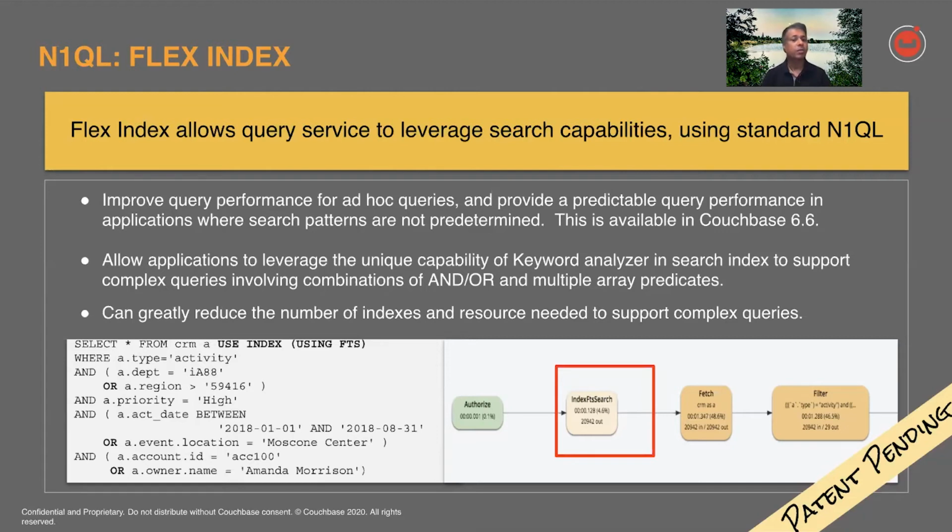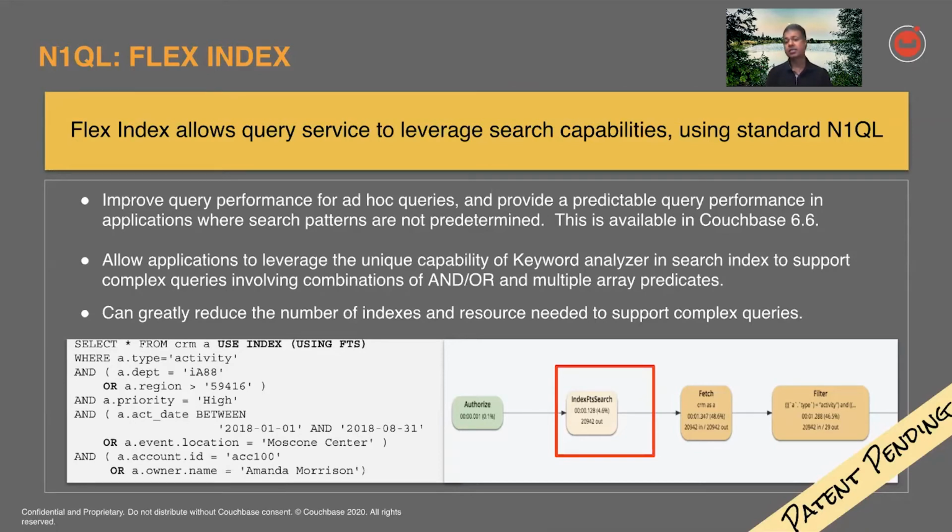This allows applications to leverage the unique capability of the keyword analyzer. That means when you create an FTS index, you have to use a specific analyzer called keyword analyzer. Normally, when you create an FTS index, it stems the words into their root words and indexes them. That's how it does the fuzzy searching, relevance-based searching.